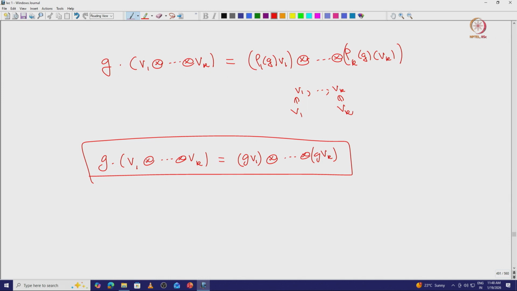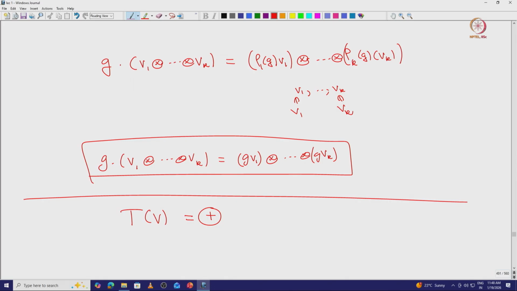the G action on the tensor algebra. To begin with, the tensor algebra is a C vector space. It is indeed a graded space. The kth graded piece will be just T^k V, where k ranges from 0 to infinity.